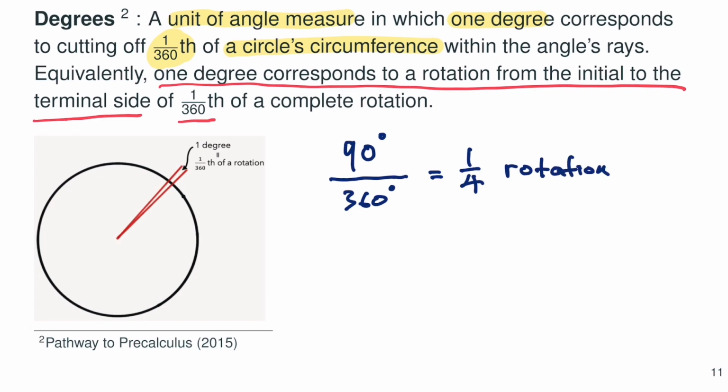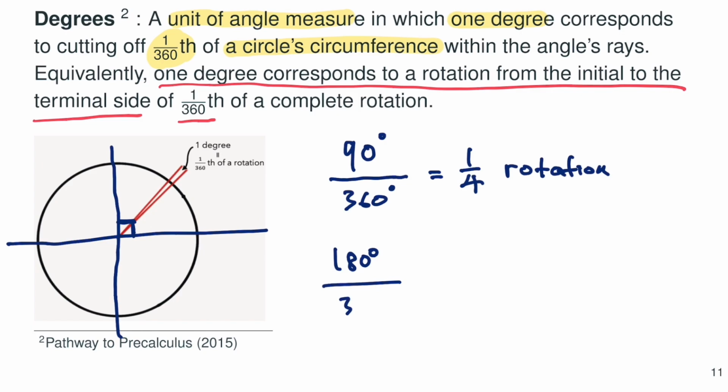So 90 degrees is 1/4 of a rotation. So a right angle, as we just saw on the previous page, is 1/4 of a full rotation, or 1/4 of a revolution. Similarly, we can do 180 degrees, which divided by 360 gives us half a rotation. So 180 degrees is half a rotation.